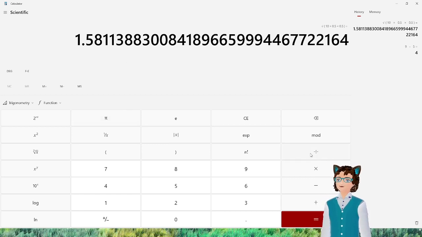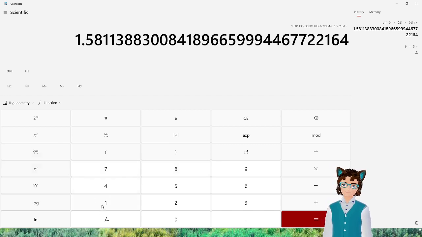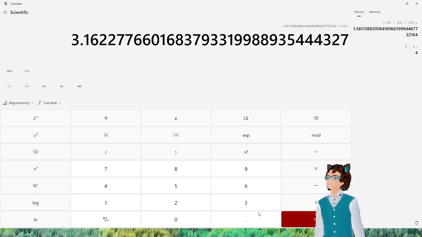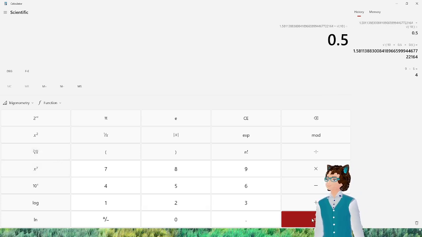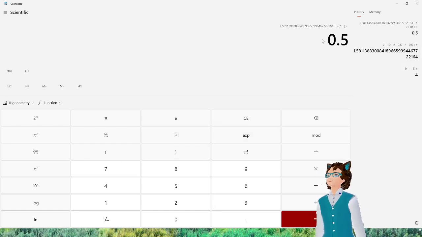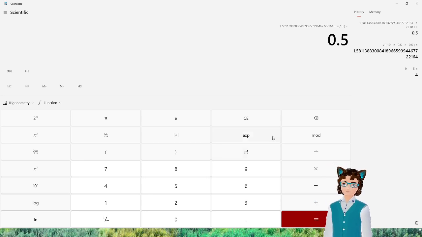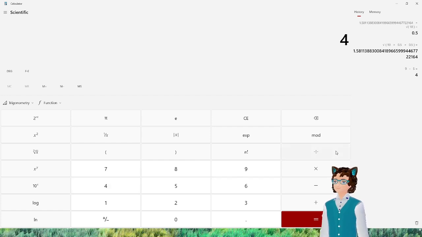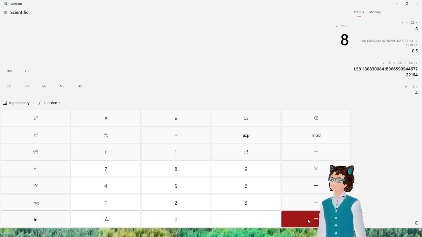So now we divide that by the square root of 10, which equals 0.5. Okay, so now, like I said, we divide by the error, the SD over the square root of N, which is 0.5, so now 4 divided by 0.5 equals 8.